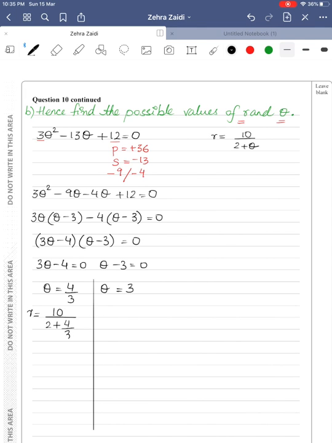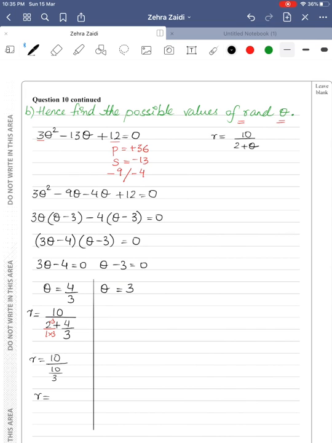We can solve this by taking the LCM, multiplying top and bottom by 3. So we have r is equal to 10 upon 10 divided by 3.